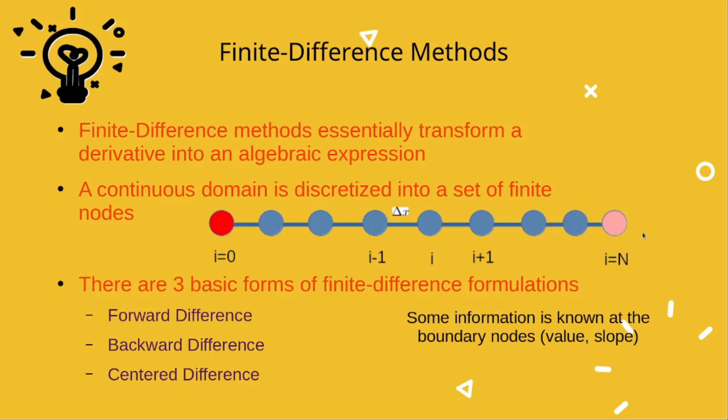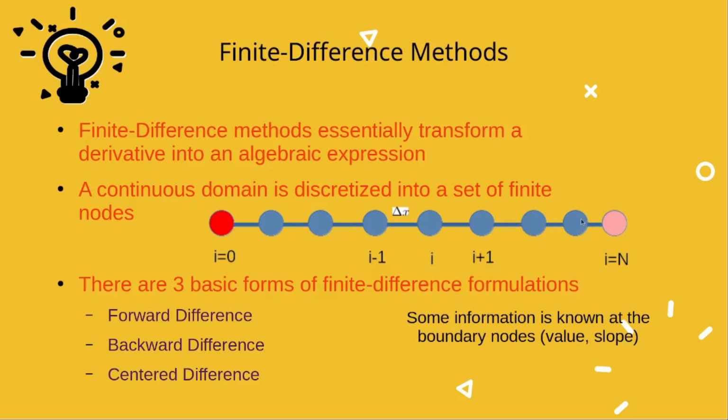What we do in finite differences is that we essentially discretize this domain. What we mean by that is we take the domain of interest and pick several points of interest at which we are going to do our calculation. These points of interest are also called nodes.